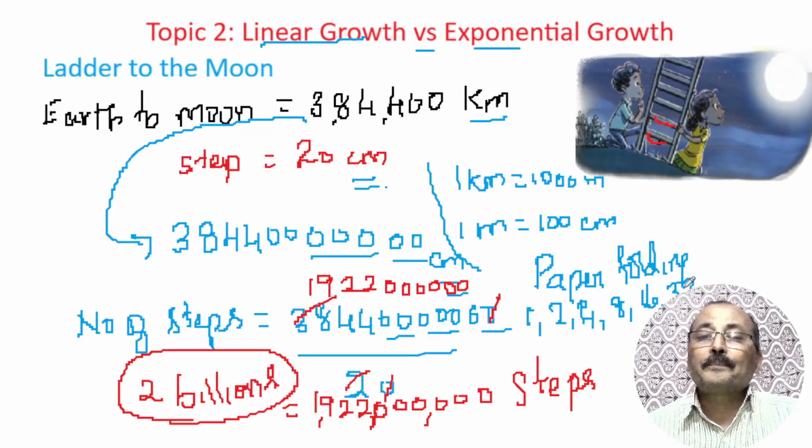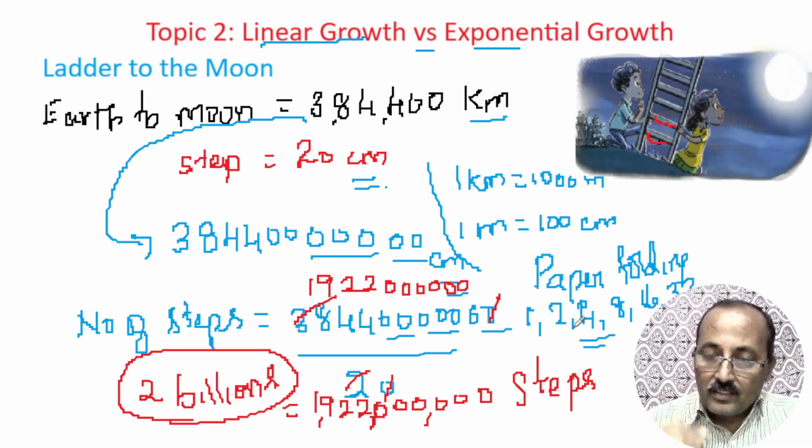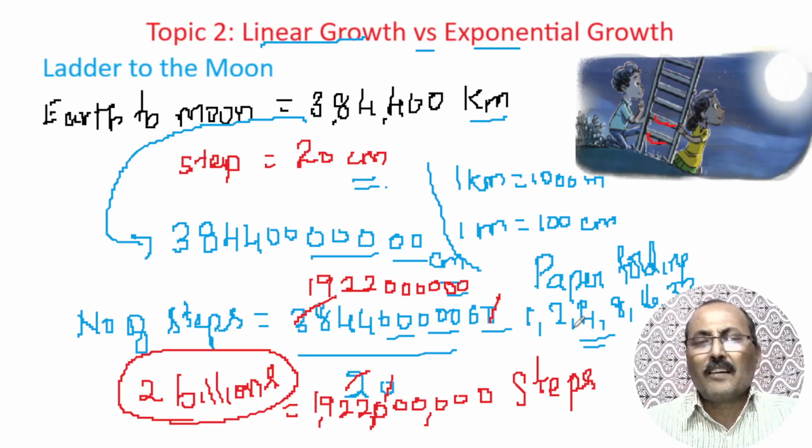What will it be for 5 folds, 0.01 centimeter into 32? Like that, 2 power 10 is 1024. So many examples we have seen. Please go through the whole chapter video to understand everything in a handy manner. If you understand everything, then the concepts are known. If concepts are known, let them ask any question.